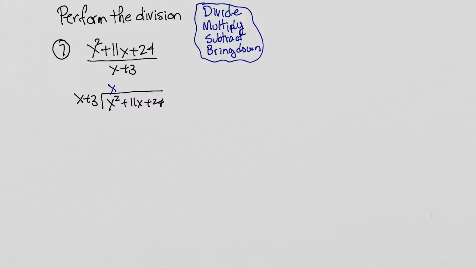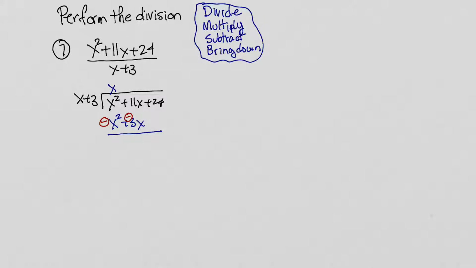Here's our x squared plus 3x, and I know I'm going to change the sign of all these terms. To indicate that, I'll change the sign, and I'll put it in a circle so I know I've done it.